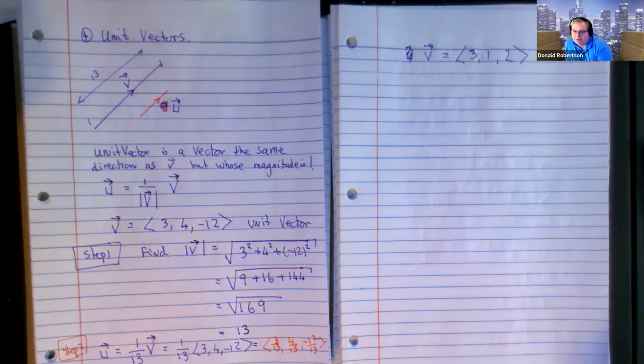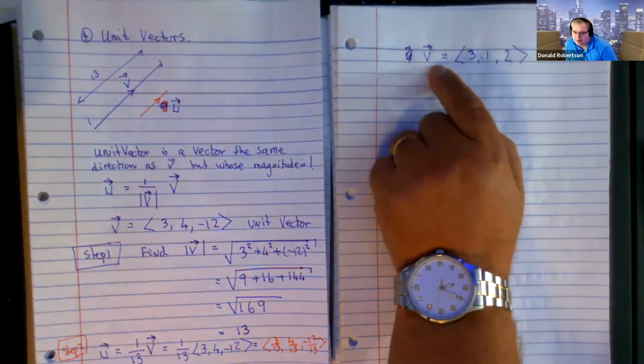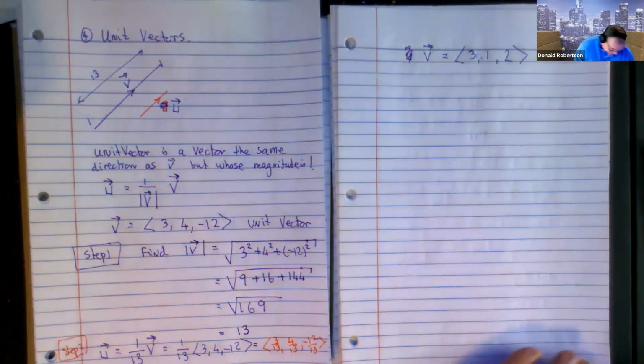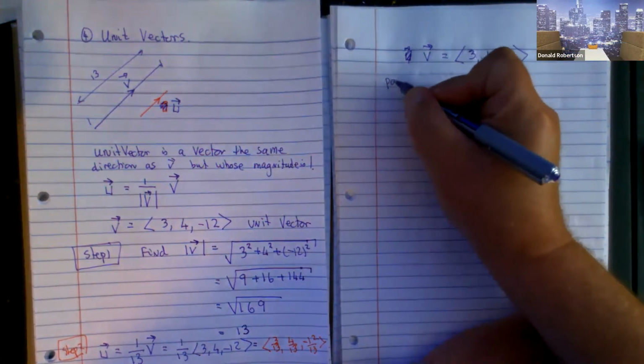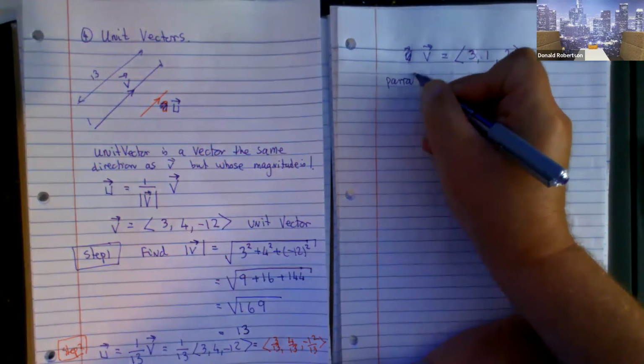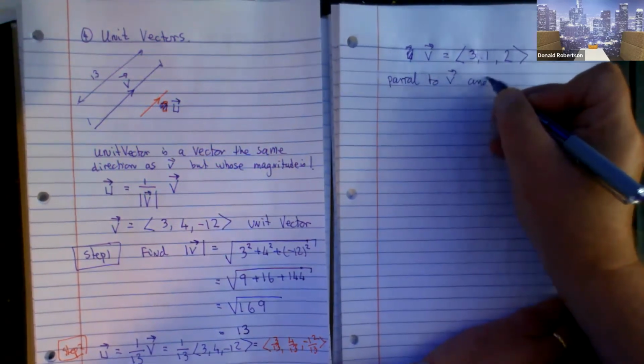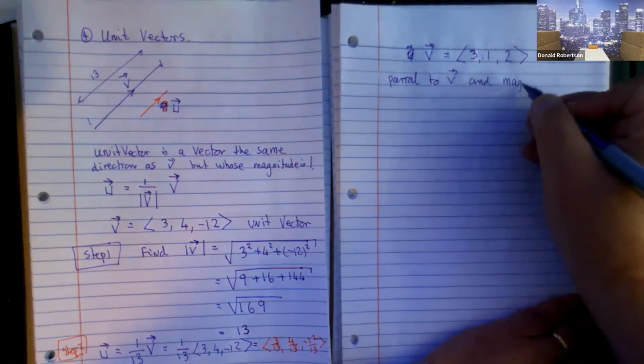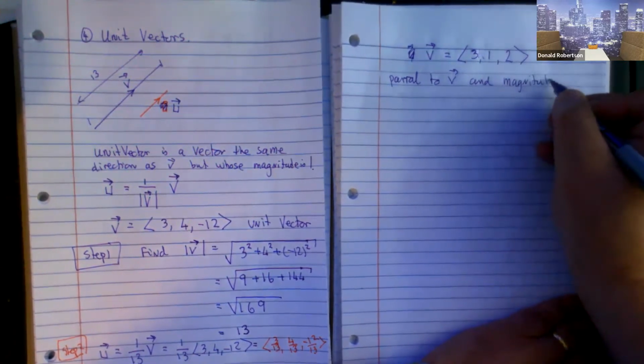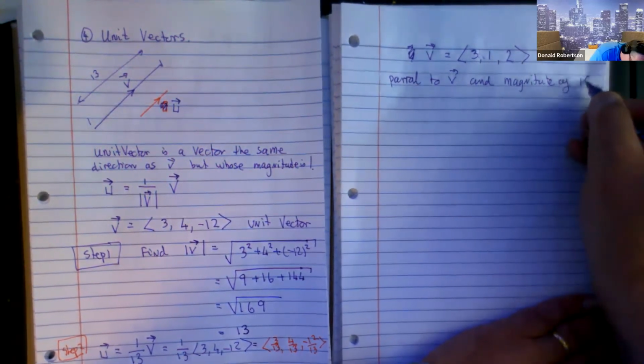Now we're going to make life difficult. I want a vector parallel to that one, but not only parallel to it, I want it to be a certain length. So it has to be parallel to V, and it needs to have a magnitude of 10.